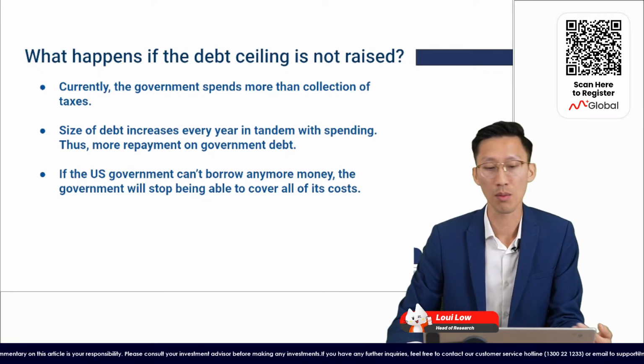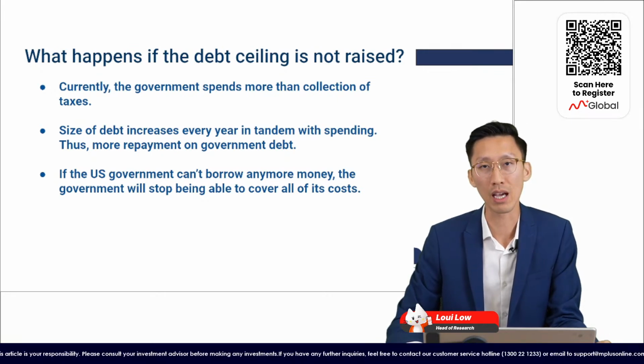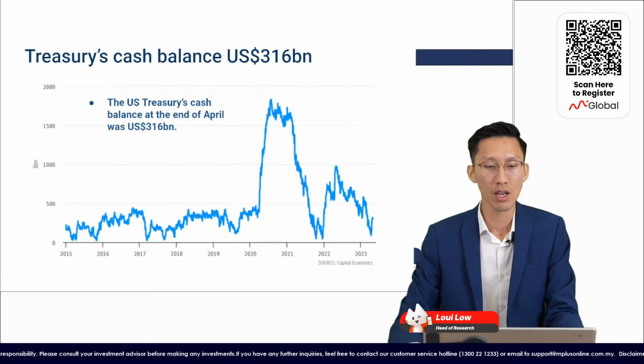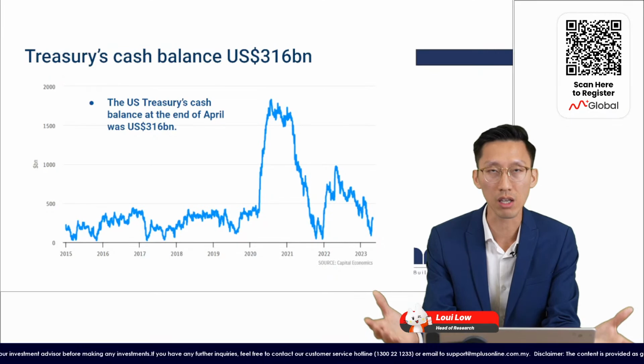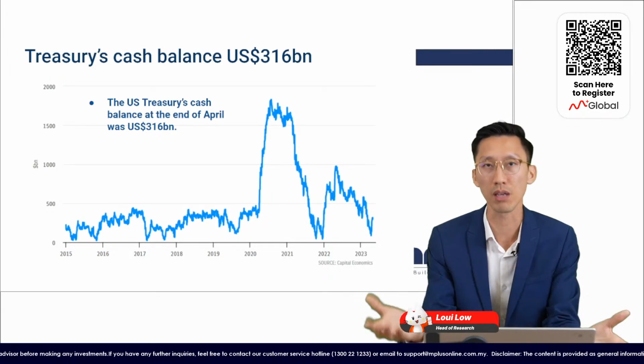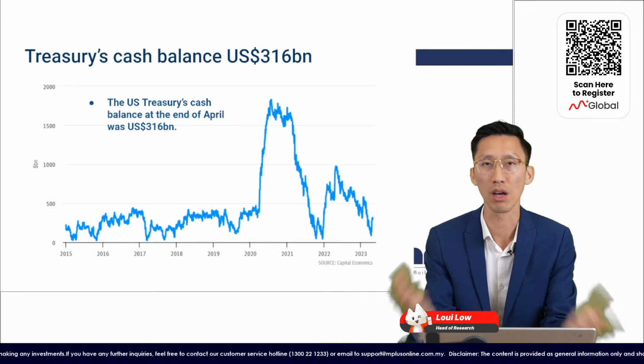So if the U.S. can't borrow any more money, the government will stop being able to cover all its costs, and that will cause a lot of people to have layoffs, or a lot of people will not get paid as a civil servant or military.